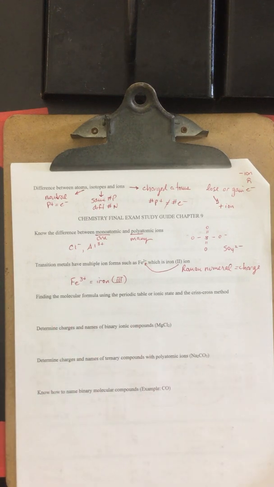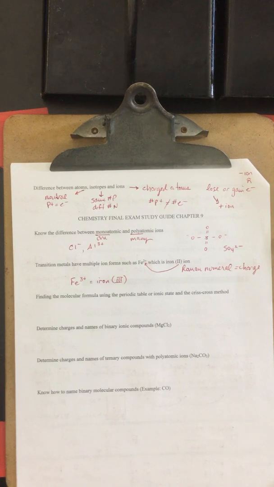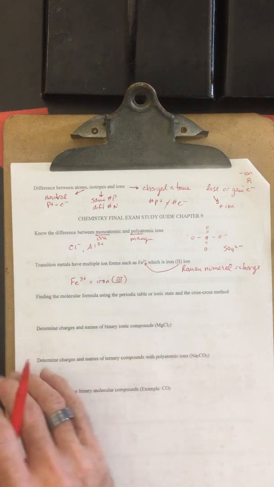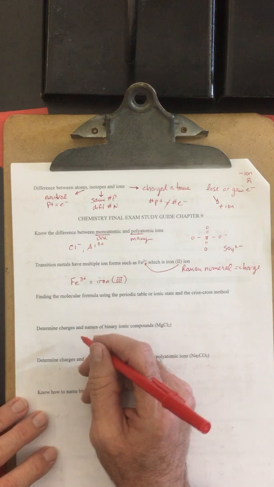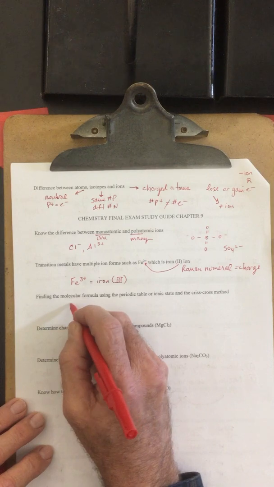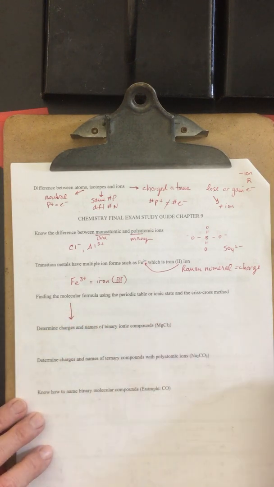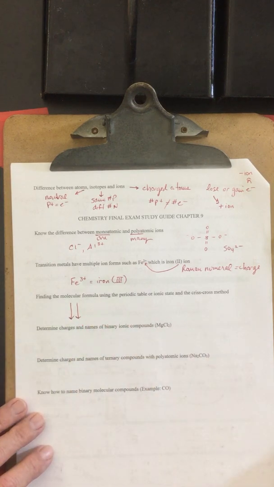Finding the molecular formula using the periodic table, or ionic state, and the crisscross method. I'm going to do some setup information here because we need to determine the formula based upon the periodic table. So let's create a little sketch of a periodic table. Here's going to be your group 1, and here's your group 2 or group 2A.